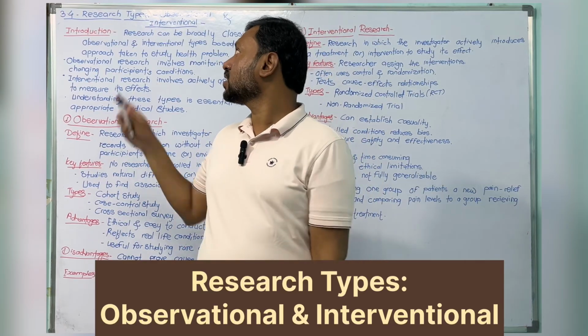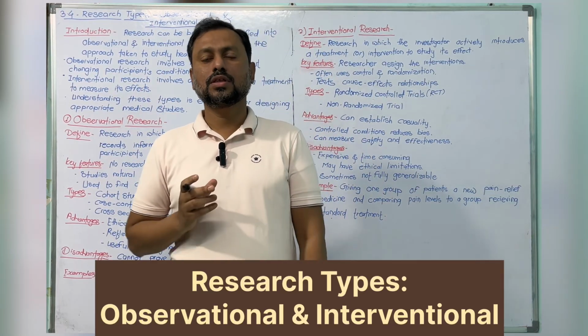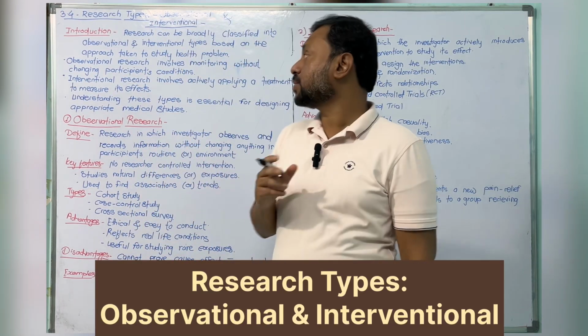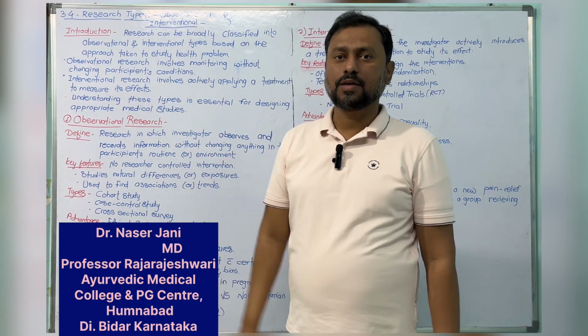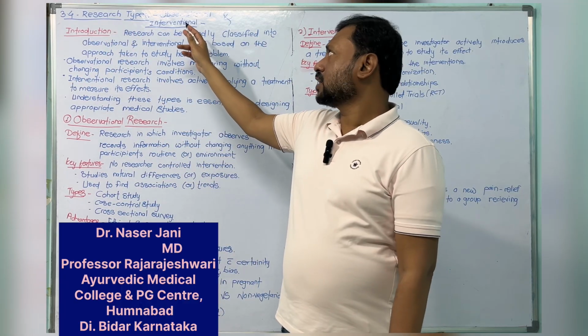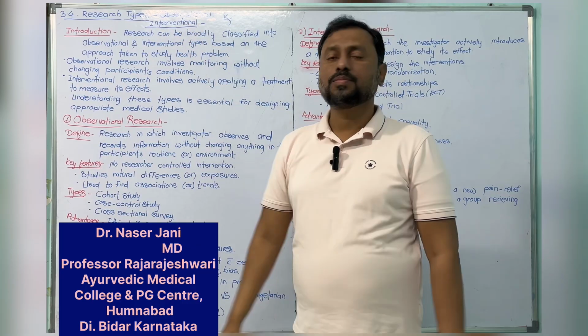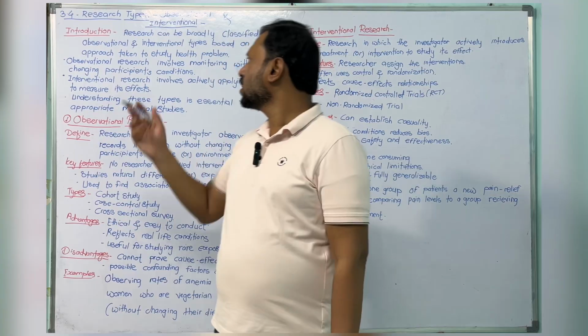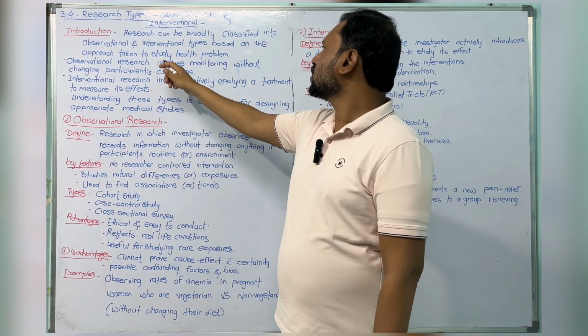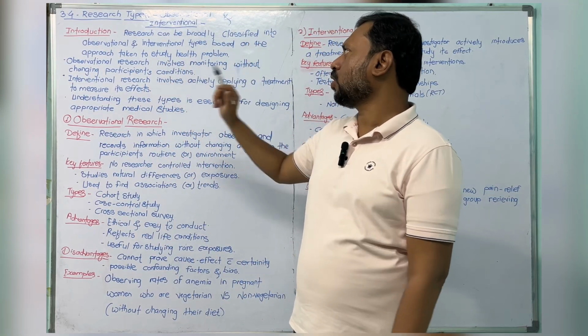Okay, now we'll study the BMS third phase, third chapter, and fourth topic in that, research types. Research can be classified into observational and interventional based on the approach taken to study health problems.